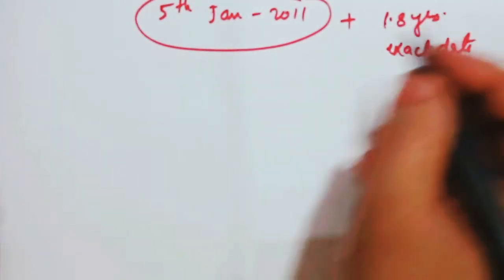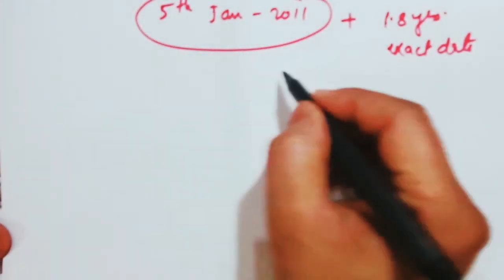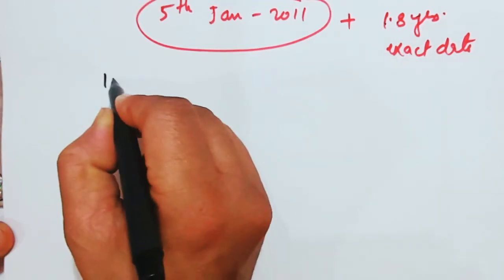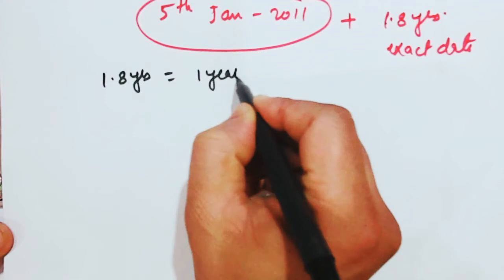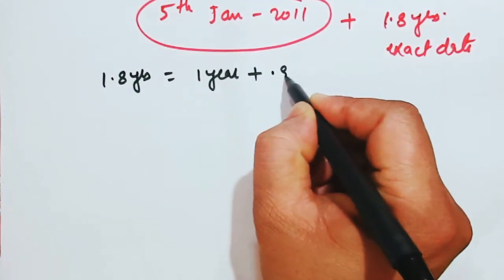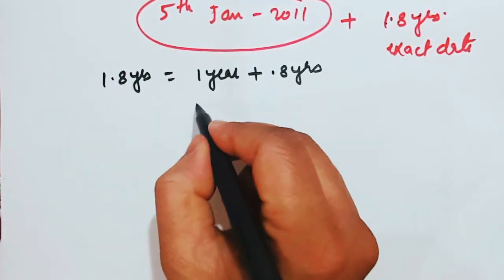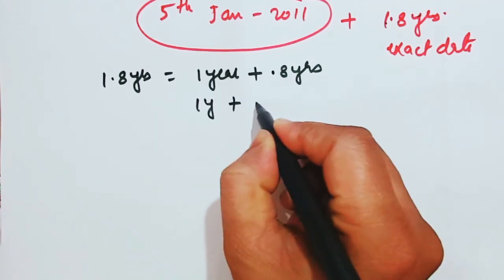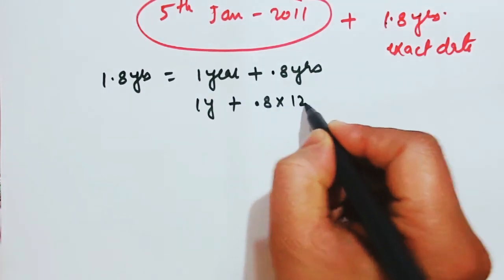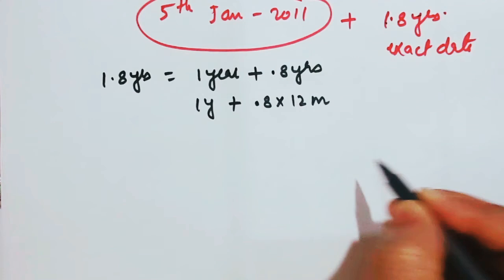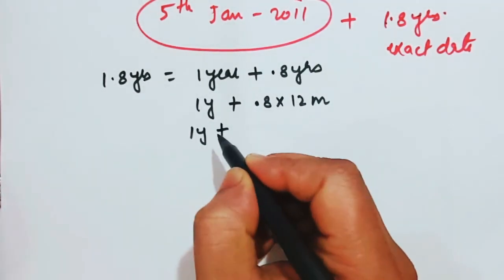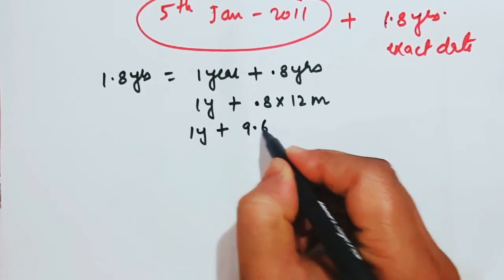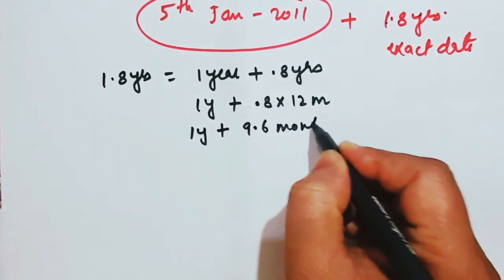So 1.8 years means what? It means 1 year plus 0.8 years. It means 1 year plus 0.8 into 12 months. So this will give you 1 year plus 9.6 months. Very good.